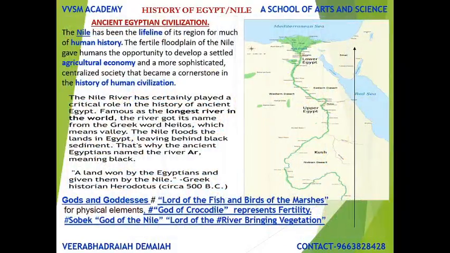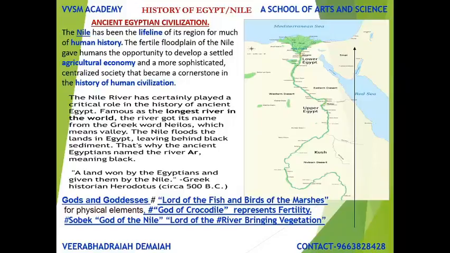In ancient Egyptian civilization, the Nile has been the lifeline of the region for much of human history. The fertile floodplain of the Nile gave humans the opportunity to develop a settled agricultural economy and a more sophisticated centralized society that became a cornerstone in the history of human civilization.